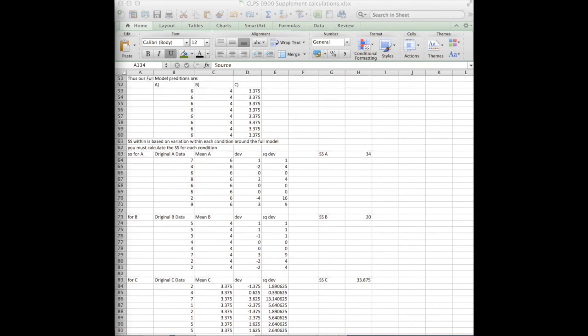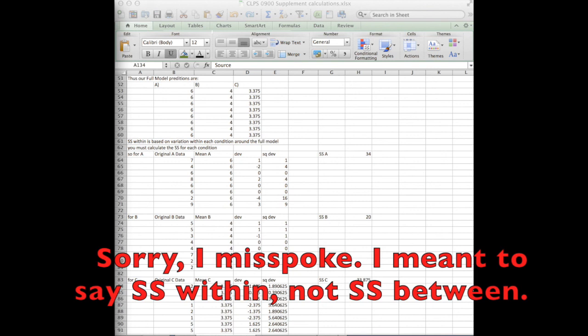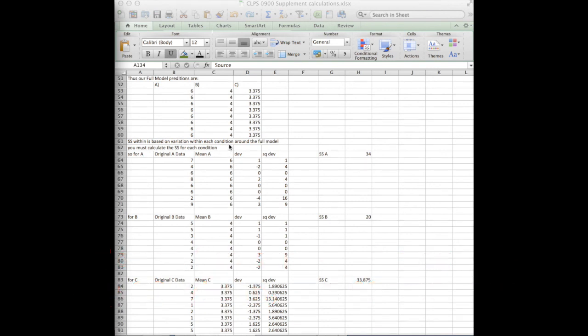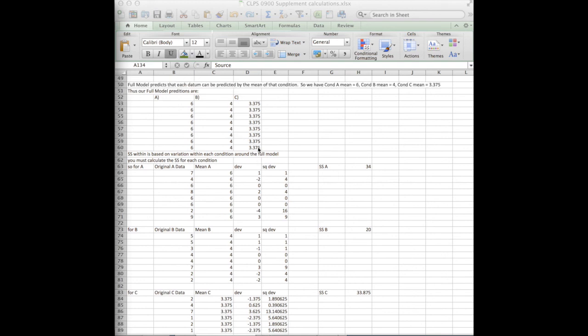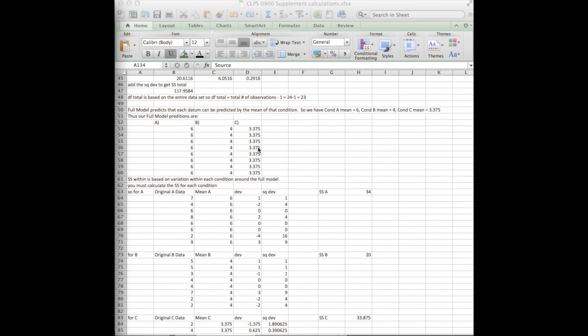So our sums of square within term is based on the variation within each condition around the full model. So what that means is that you have to compare each data point to its respective mean within the condition.